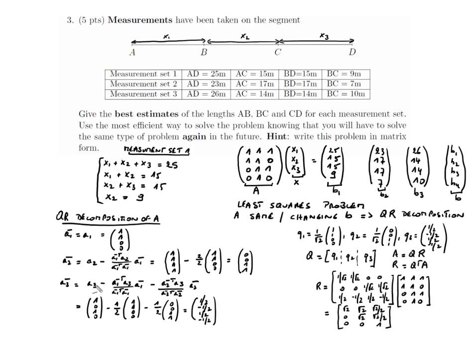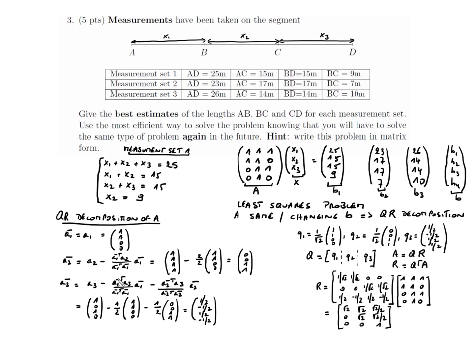Let us continue. We take the third column of A and we subtract the projection of A3 on A1 bar, this one that we have constructed here, and you subtract the projection of A3 on A2 bar. It's the projection on A2 bar, not the projection on A2, right? So do not make a mistake here. It is the projection of A3 on A2 bar that you have to remove.